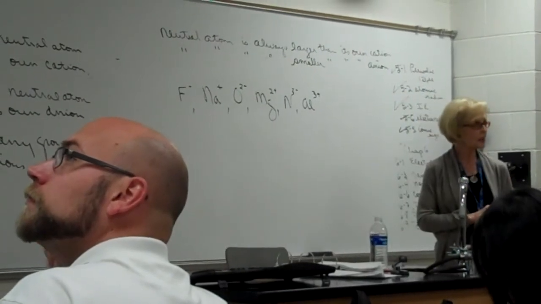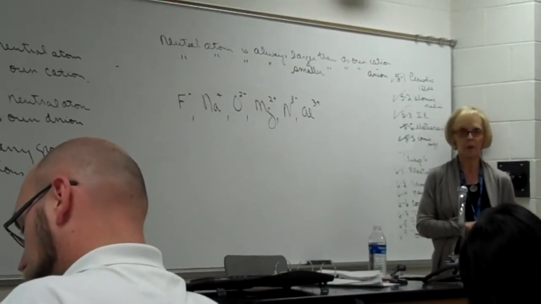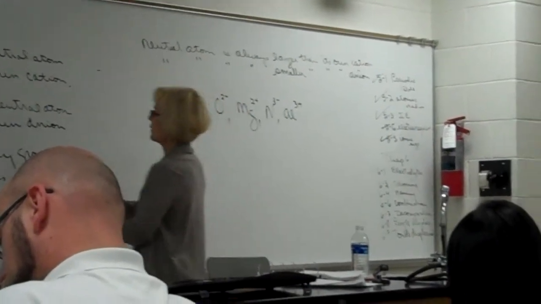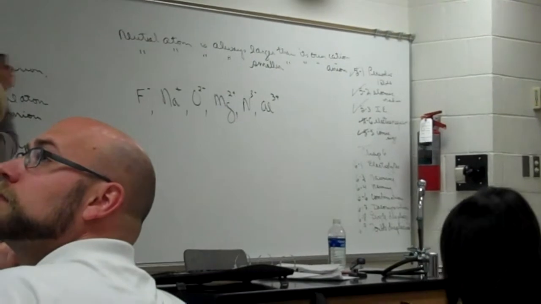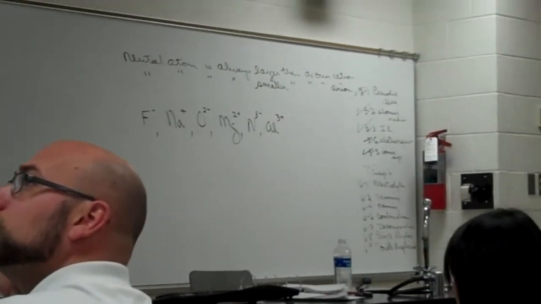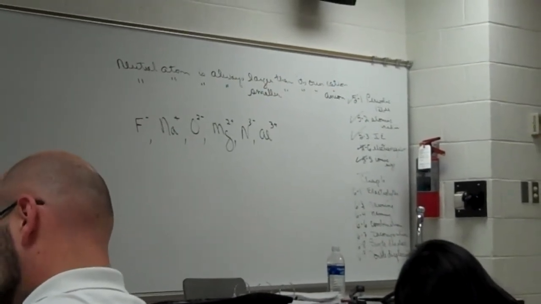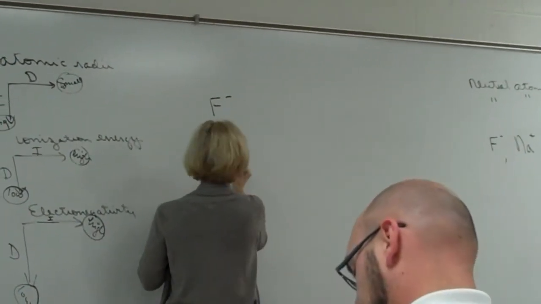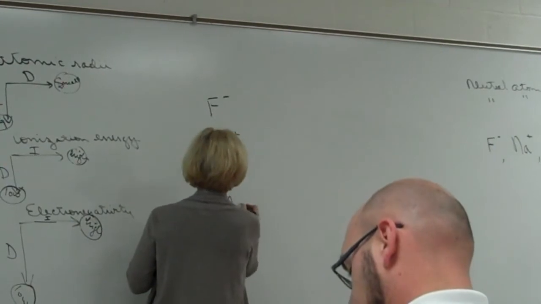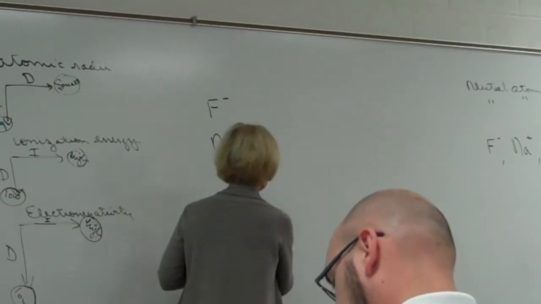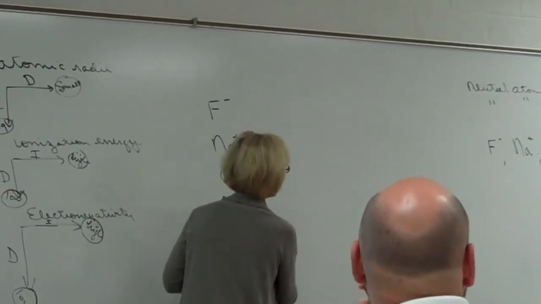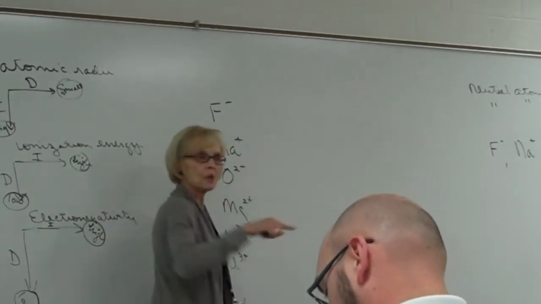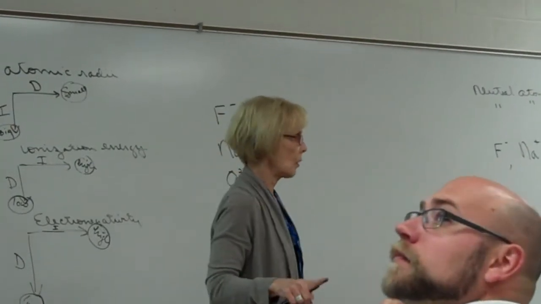So I've got 6 ions, and we want to rank them smallest to largest. Okay, so let me just rewrite these, and let's try the electron configuration of each. So I've got F-1, sodium, oxygen, magnesium, nitrogen, and aluminum.